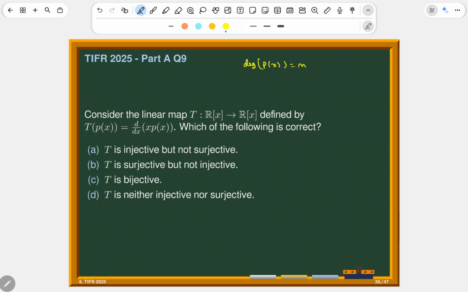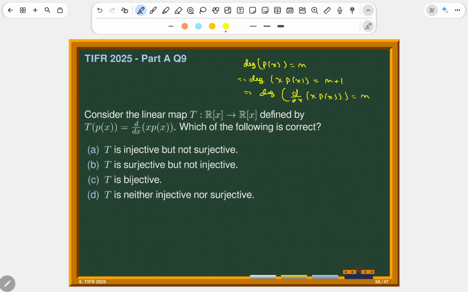We are working inside an integral domain, so there is no issue of cancelling out coefficients and getting something to be 0 when multiplied by something. So the degree of x times P(x) will surely be n plus 1, which implies that the degree of the derivative of x times P(x) is n.